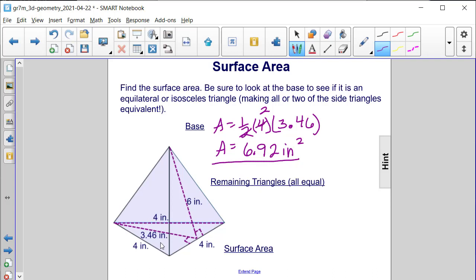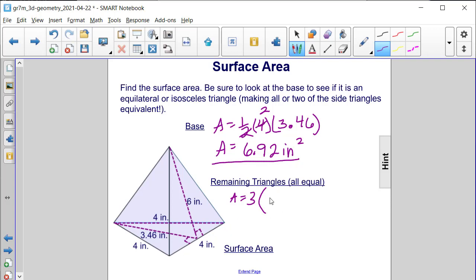Okay, now let's look. We saw at the beginning we have 4 inches, 4 inches, 4 inches going all the way around. So that means all of these triangles, sometimes called lateral faces, are all equal to one another. So the area for all of them, since there are 3, we're going to put a big 3 in front. And then now let's worry about the area of one of them.